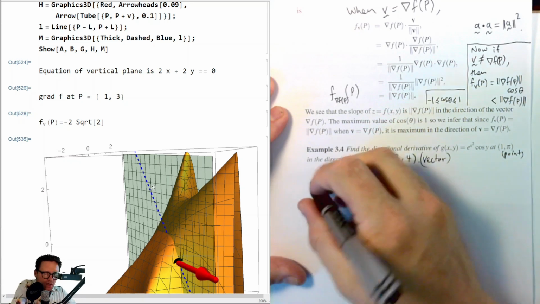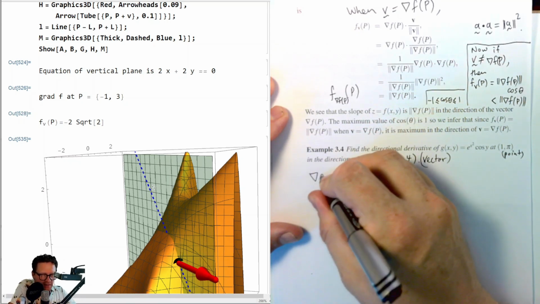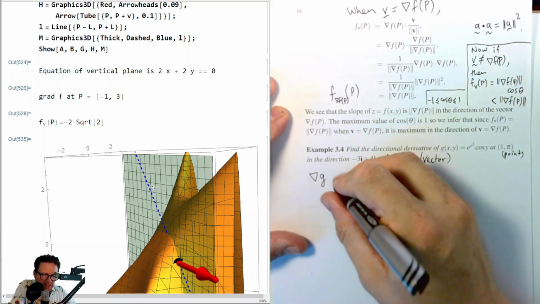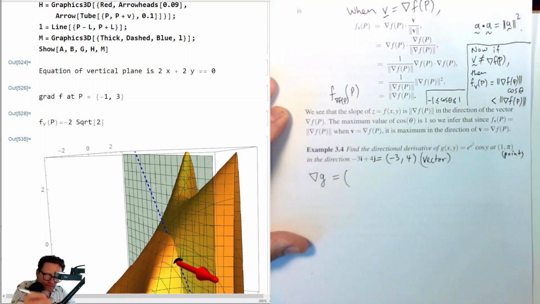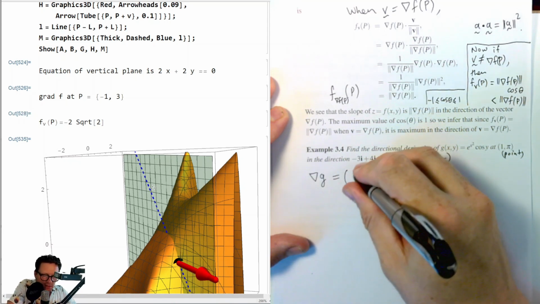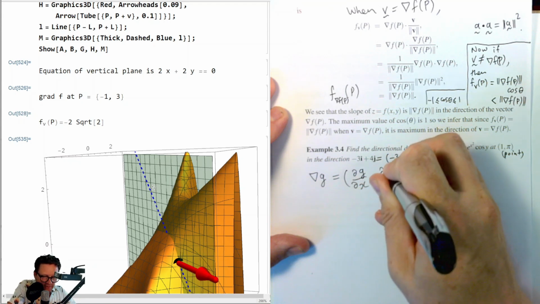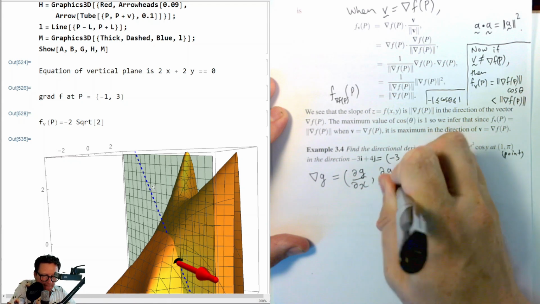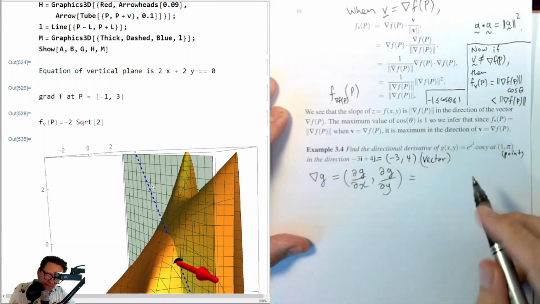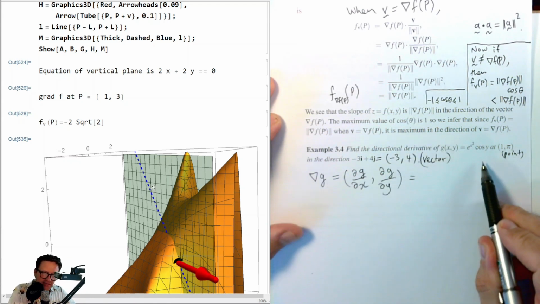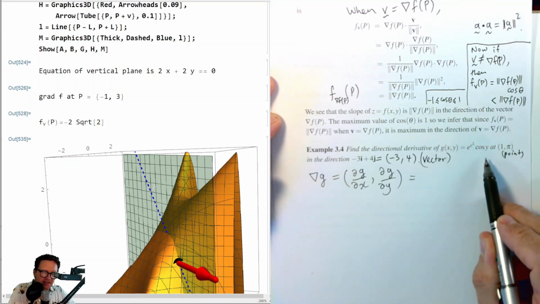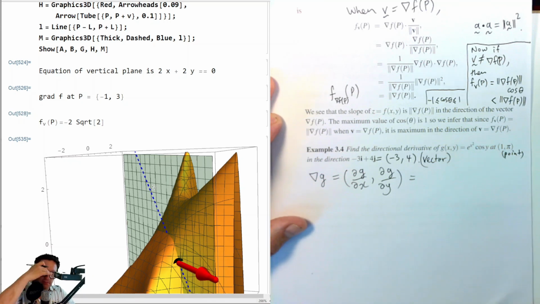So what do we do? First we need to calculate grad g. This is the vector of the partial derivative of g with respect to x and the partial derivative of g with respect to y. Differentiating partially with respect to x, we are treating y, and hence cos y, as a constant.